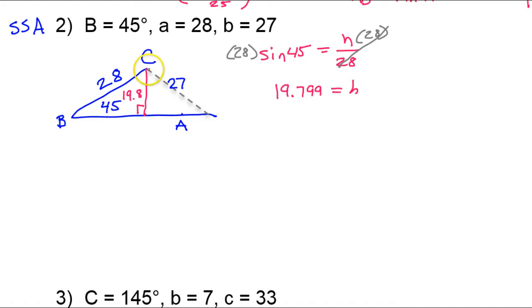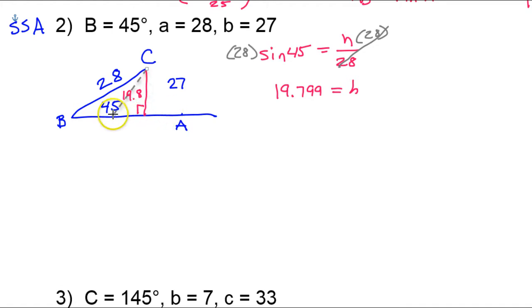So side B here, the side that is on a hinge, the swinging side, is 27. Is that going to be long enough to reach the ground? Yes, it will be long enough to reach the ground because the height is only 19.8. It's about 20. This is 27, so it will definitely reach. So we will definitely have at least one triangle.